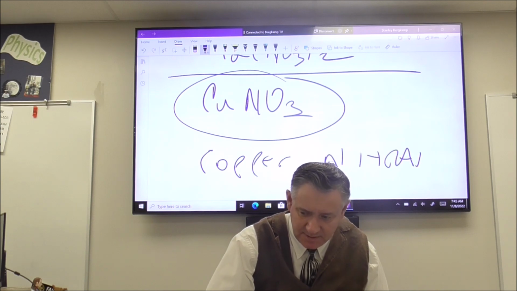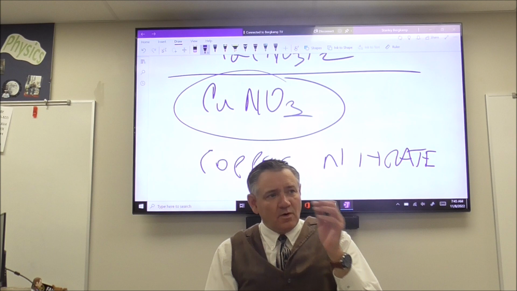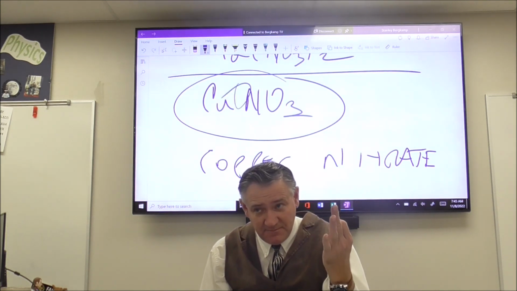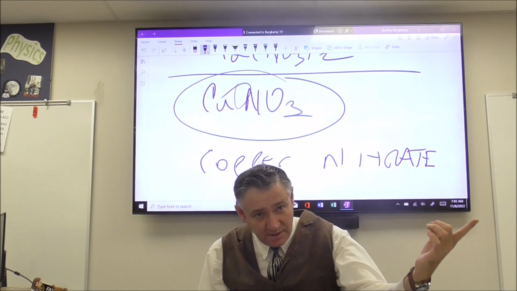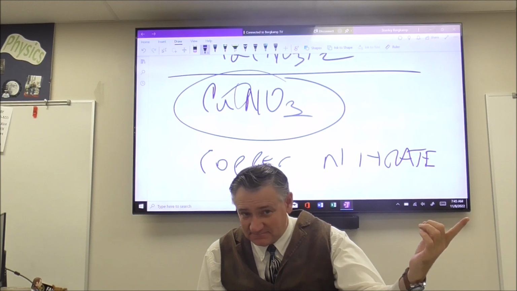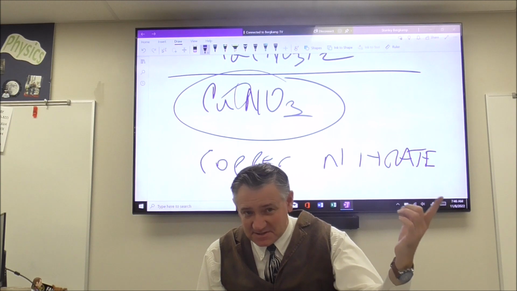That's copper nitrate. Now, what's the oxidation state of copper? Is it 3 or is it 1? Izzy? What's the oxidation state of copper?